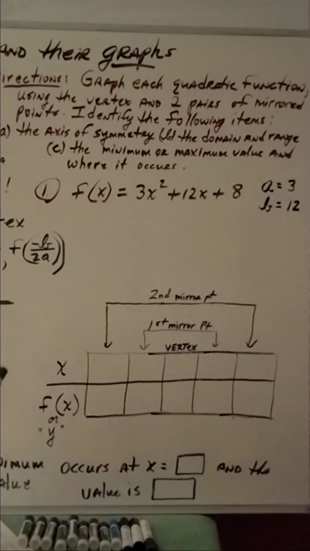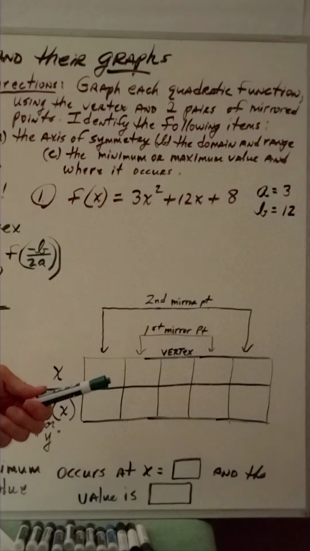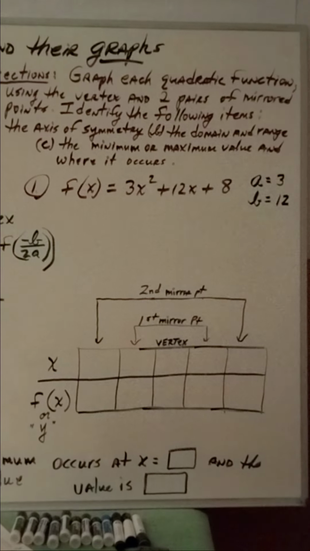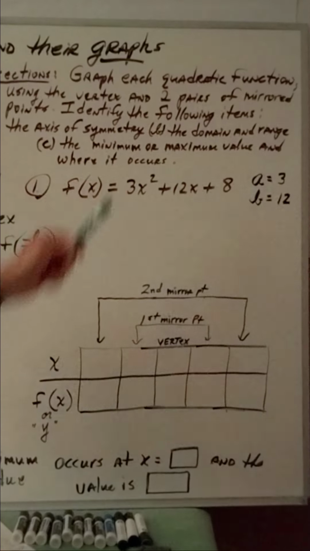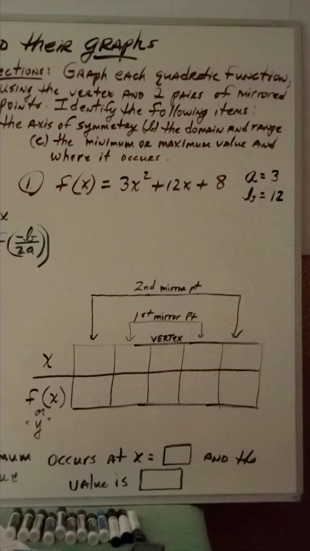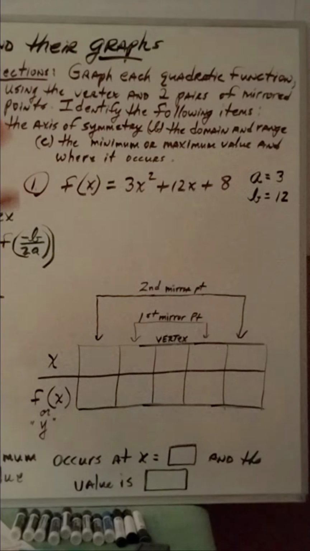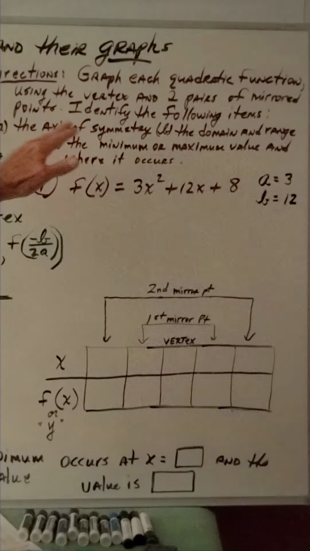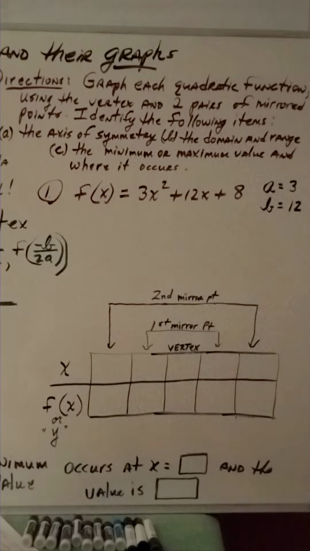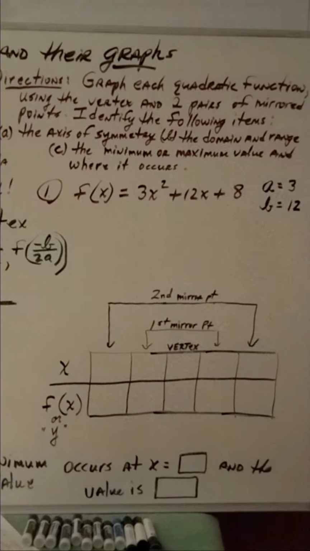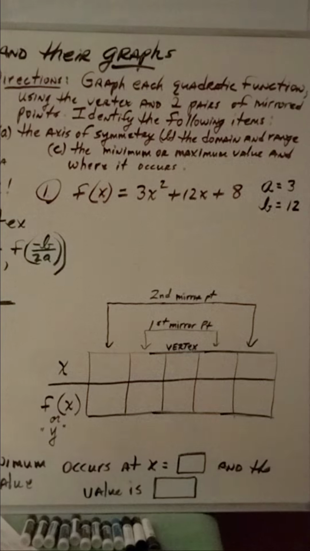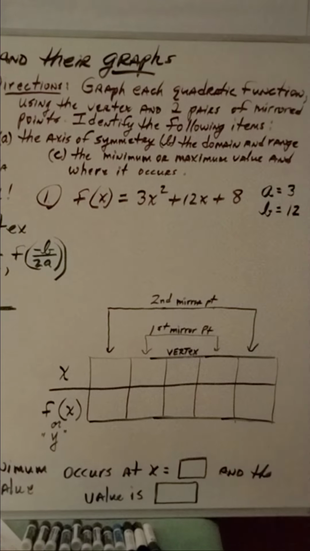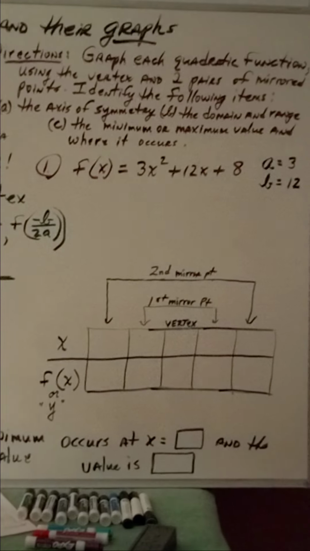It's either going to be a minimum value or a maximum value, and we're going to identify where that minimum or maximum value occurs. That will be very, very basic. I can tell you this before we move on. The things that will need to be identified, letter A, letter B, and letter C, all three of them are linked to the vertex. So the vertex is a very key point, to say the least.